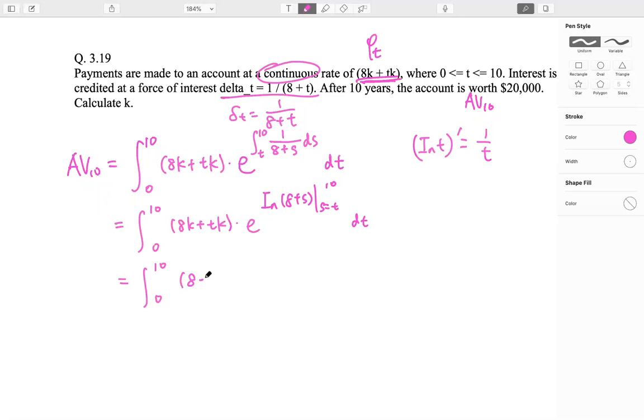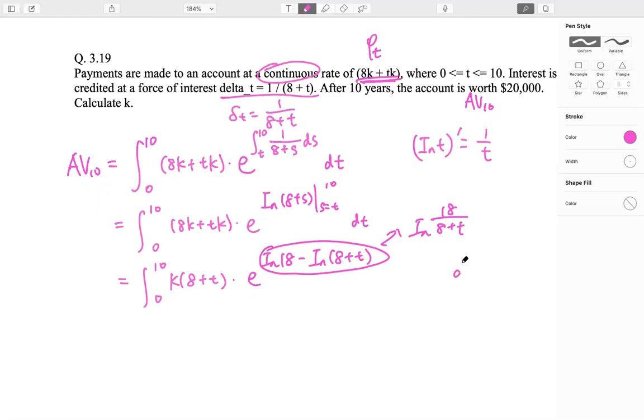So let's factor out this k. So I have log 18 minus log 8 plus t. Okay, this is log 18 divided by 8 plus t, right?